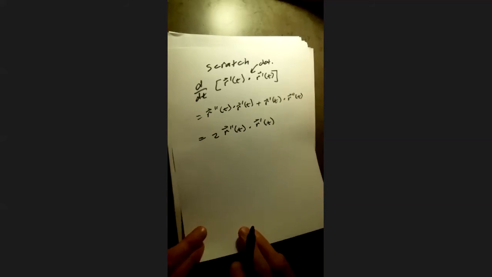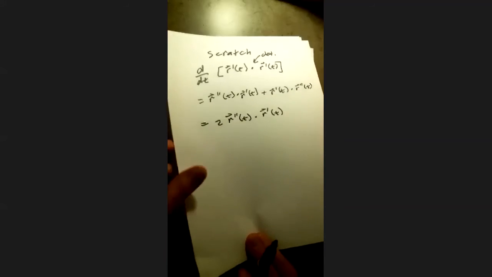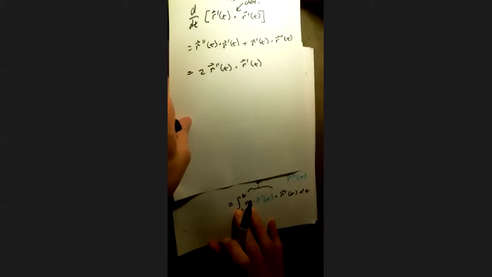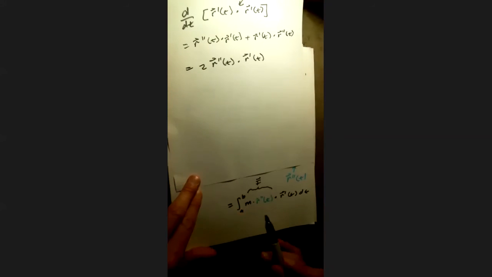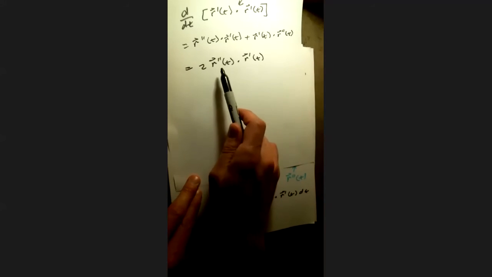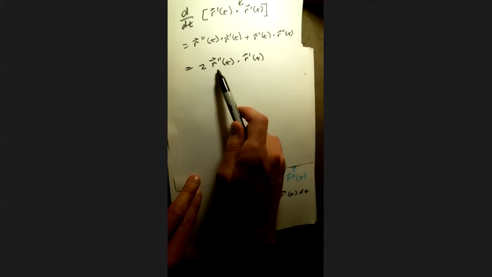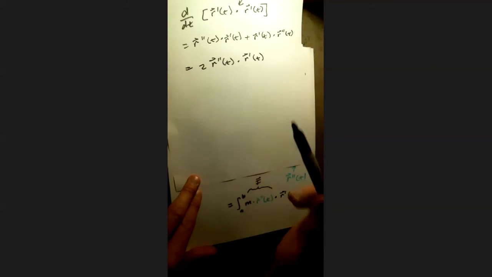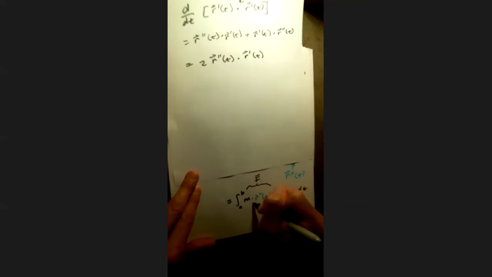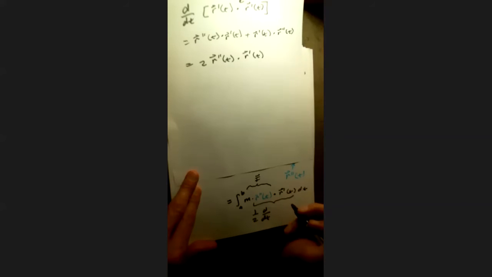All right. So going back to what we had before, we have r double prime dotted with r prime, and here you have 2 r double prime dotted with r prime. And so we're going to replace this bit here with 1/2 times the derivative, d/dt, of r prime dotted with r prime.